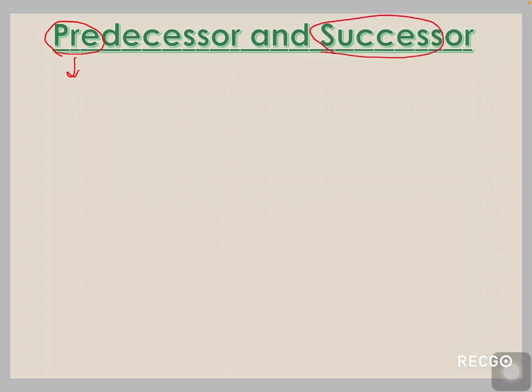Before that, let me ask you one question. Say for example, I am writing alphabets A, B, C, D, E, F, G, H, I and so on. If I ask you, where is B placed? B, letter B, B for bat.